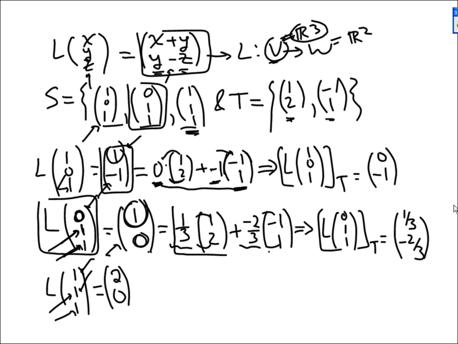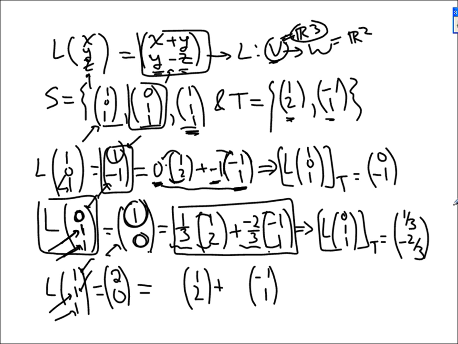If this gave me 1, 0, I think if I double it, it'd give me 2, 0. But we have to have 1, 2, and negative 1, 1. But I want to double it. So I won't have 1/3, I'll have 2/3.